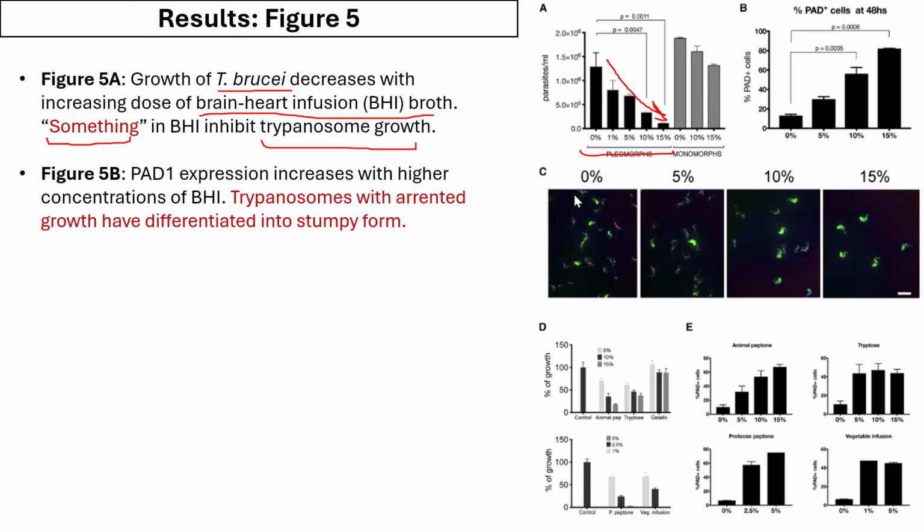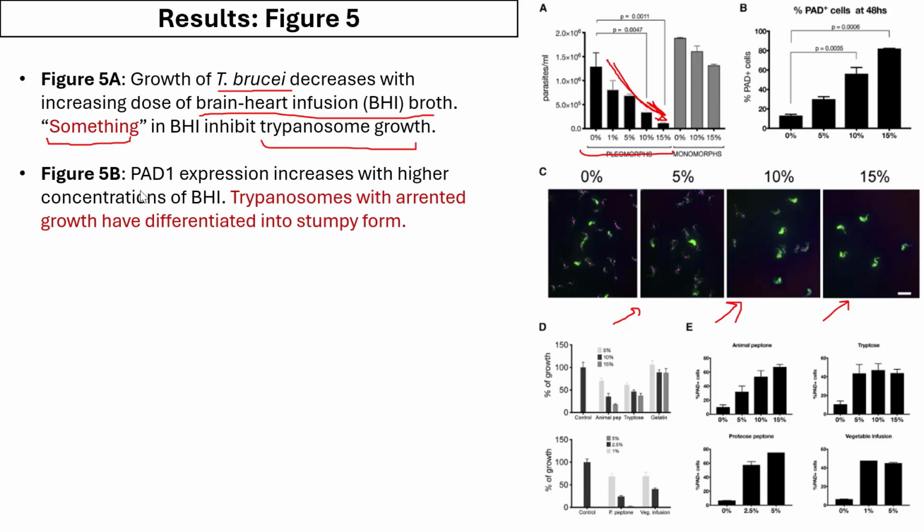They also found that as the growth is getting inhibited with the treatment with the broth, there is more and more expression of this green protein, the PAD1 protein. So this green protein is the PAD1 protein. That means when the trypanosomes are treated with the broth, they, one, stop growing, and second, start expressing PAD1 protein. That means they might have differentiated into stumpy form.